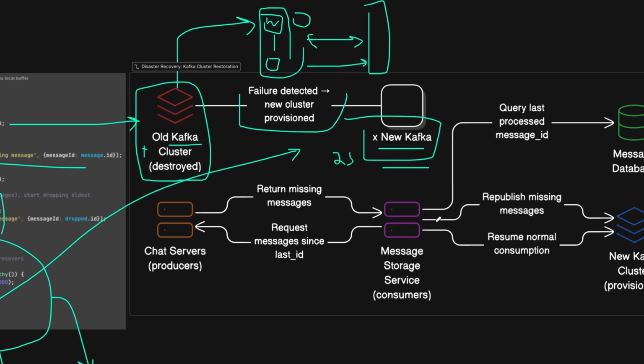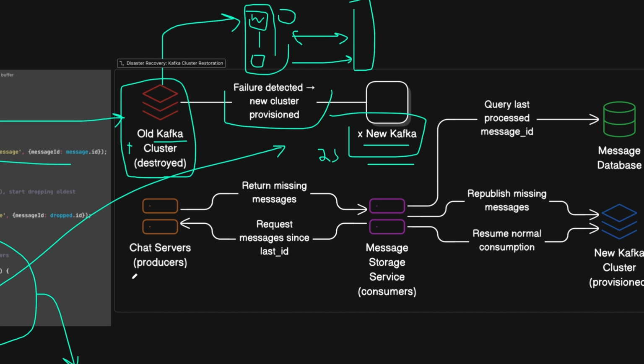In summary, this is how it will look. If Kafka is completely destroyed, we request messages from the message storage service since the last ID. We will query the processed messages from the database, and then we will check which messages we still have in memory that are not yet published.